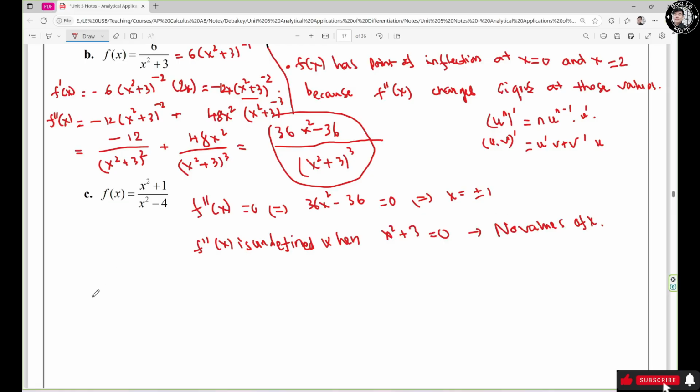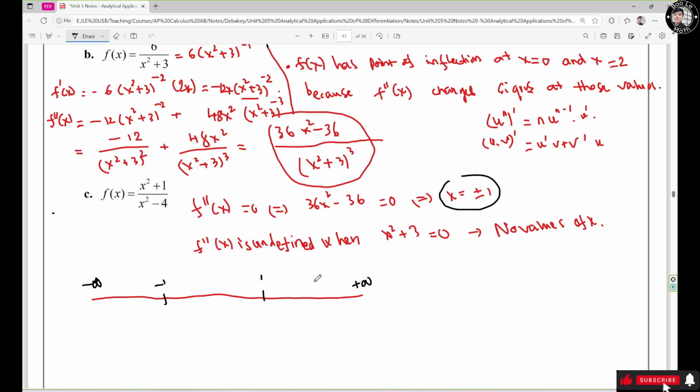You're gonna create a sign chart, negative 1 and 1, right? f double prime of s is always defined, right? So which means negative infinity to positive infinity, right? This guy is the two zeros of f double prime of s, right? Now you're gonna test values.